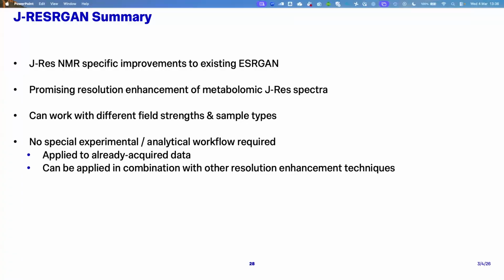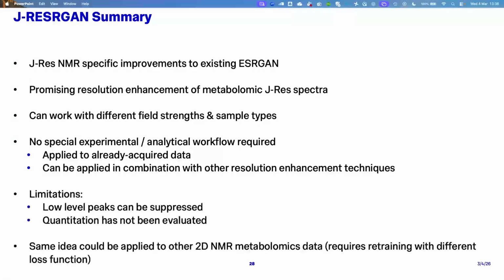There's no special experimental or analytical workflow required. Users can just take their normal workflow and apply it to the data that they already acquired. So they could even go back 20, 30 years, take really old data and improve the resolution of that, which is a really huge advantage compared to some other techniques. And it can also be applied in combination with other resolution enhancement techniques if you want to.